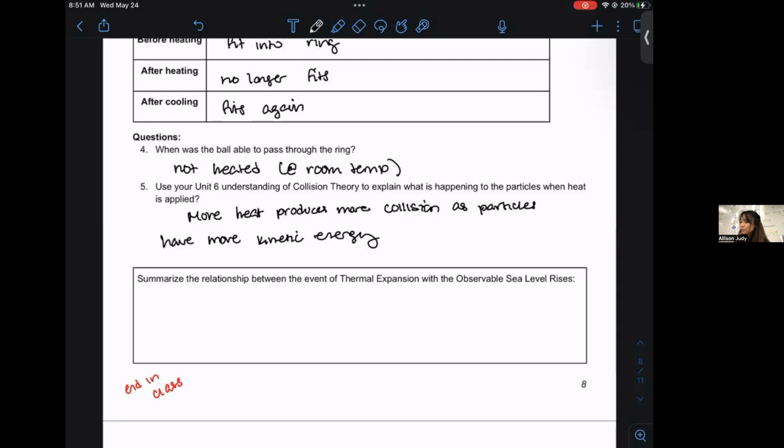So here's the thing, as particles collide and they have more kinetic energy, it will result in natural expansion with respect to the set boundaries, okay? And as far as the oceans goes, the oceans don't really have a boundary.